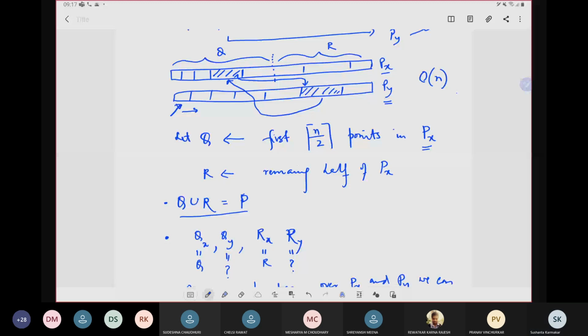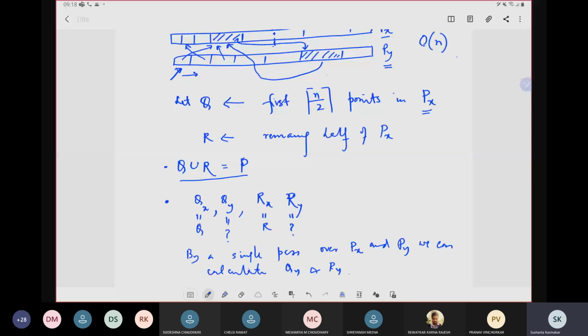Because that must be this set of elements only, but now they are segregated in the Py. So once I make a left to right scan in Py and pick up those elements whose pointers are pointing to the first half elements of Px, that is, pointing to Q, then I am done.